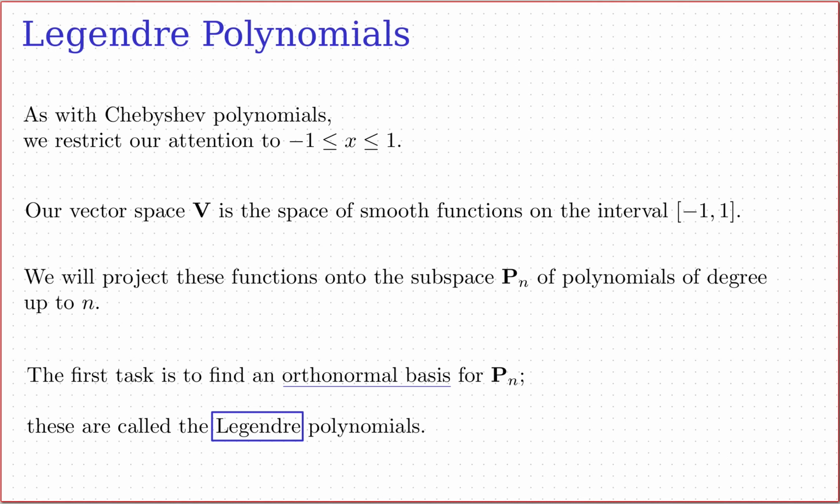So the topic today is the Legendre polynomials, and as with the Chebyshev polynomials, we are going to restrict our attention to just the interval from -1 to 1. So that means we'll be working in the vector space of all functions defined on the interval from -1 to 1, and we'll be interested in projecting those functions onto the subspace of polynomials defined on that interval from -1 to 1.